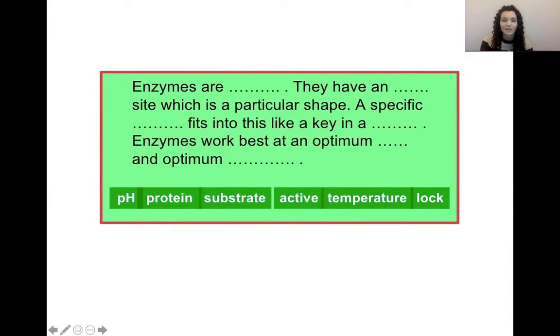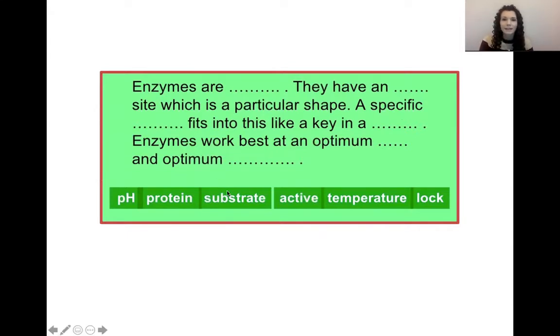Okay, so enzymes are proteins. If you need to correct any of these, you can just pause the video at any point to correct your answers. They have an active site, which is a particular, complementary shape.